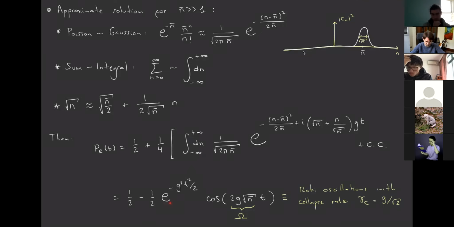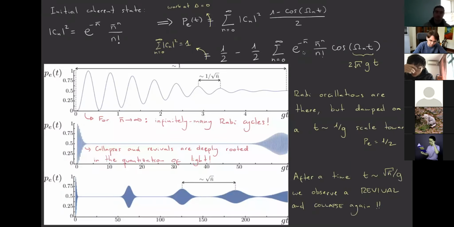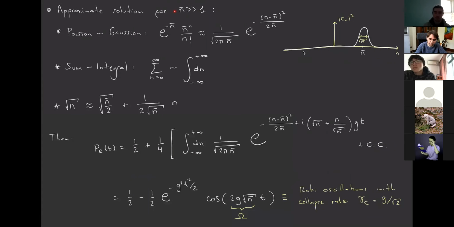We have an exponential of minus t squared, with a width of the exponential which is g square root of 2. This means that we recover all these things from just the fact that we have a coherent state of very large photon number.